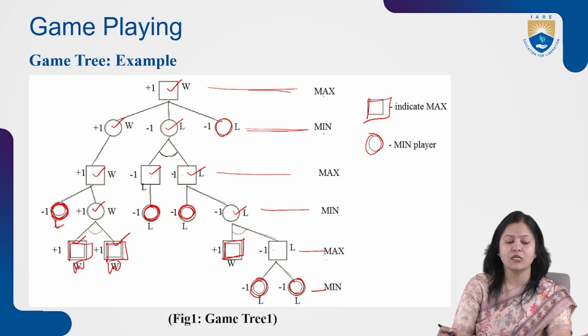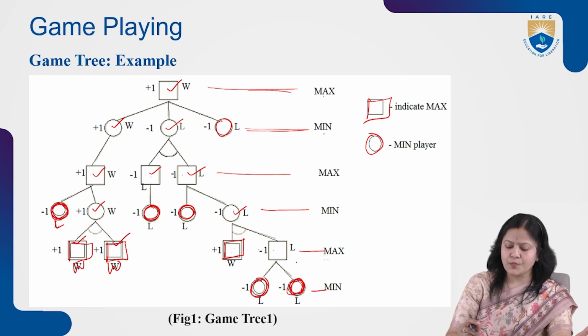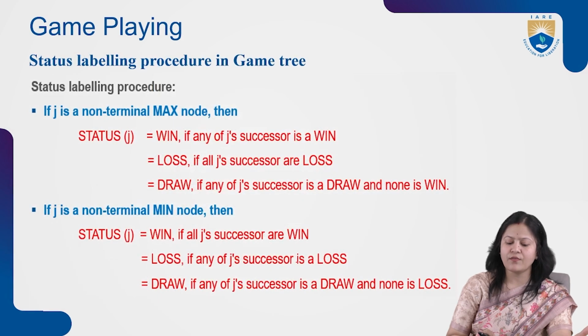As per the procedure, we have to follow the bottom-up process. Bottom-up process means we start from the last layer. This is the last layer as per this diagram. These two are the bottom layer, but these two nodes are in the min player layer, because the min player is playing at the last level and their status is given as L. As per the procedure, we can write L if any of the successors is lost.